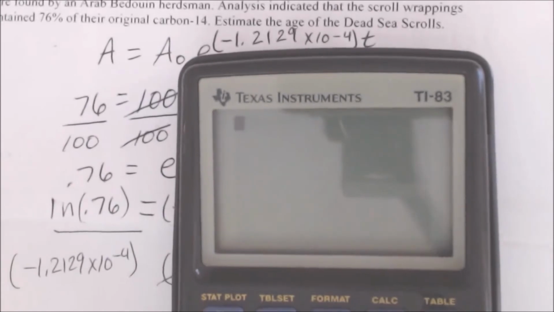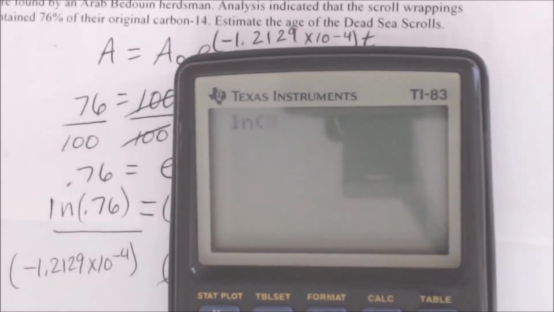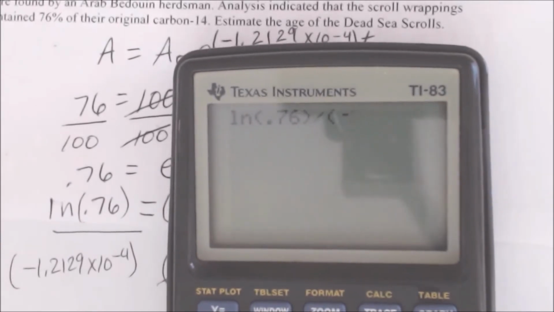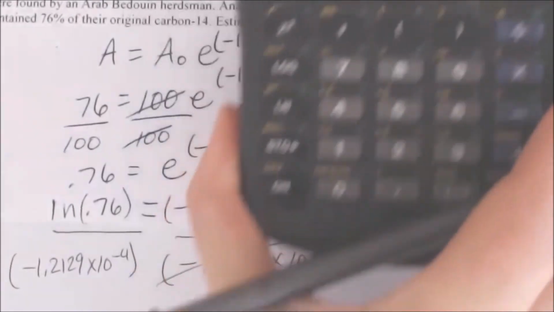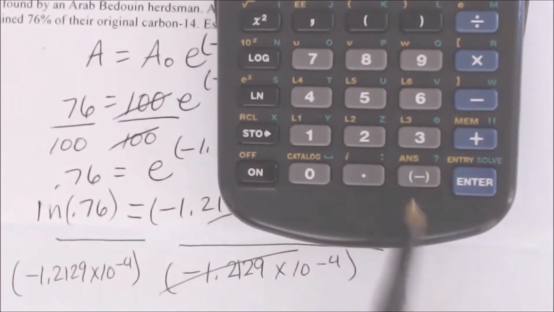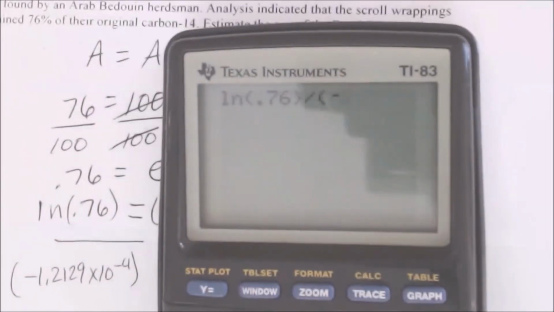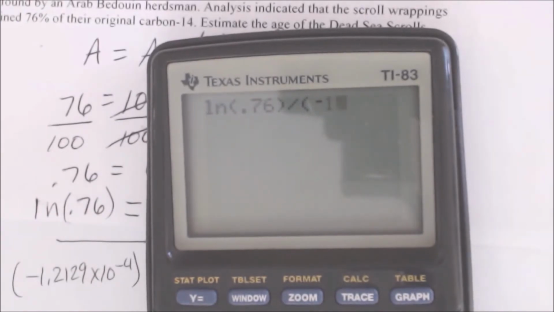All right. So we're going to do natural log of 0.76, close that parentheses, divided by, open the parentheses again, negative. So make sure if you're using a graphing calculator, and even a lot of scientific calculators, the negative key and the minus key are different. So I'm using the negative key at the very bottom. So negative 1.2129.